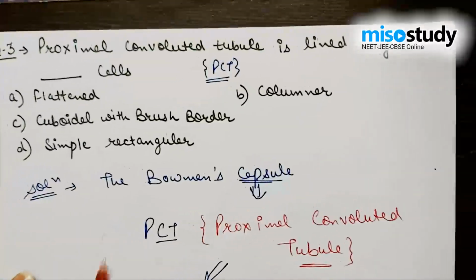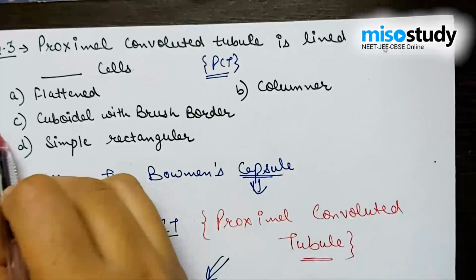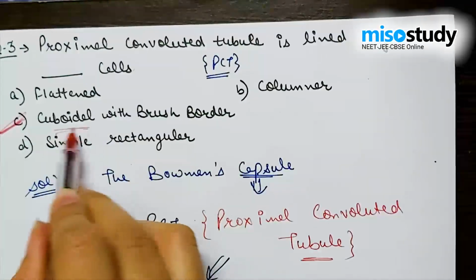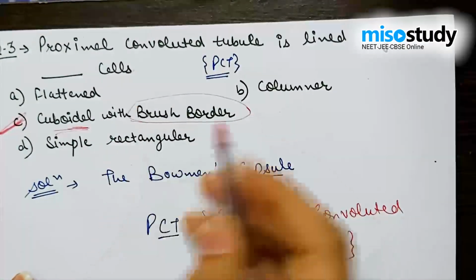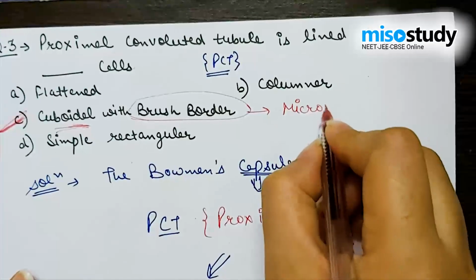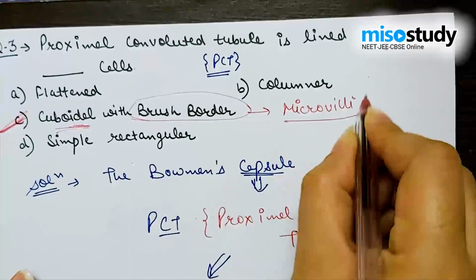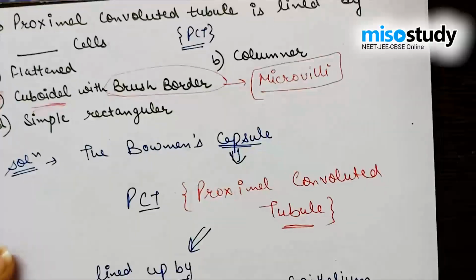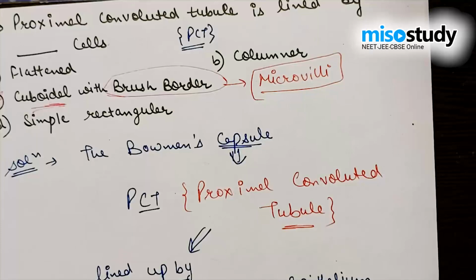The proximal convoluted tubule is lined by cuboidal epithelial cells, which generally form a brush border. That brush border increases the surface area through the microvilli. Microvilli are finger-like projections. So this is the right answer in this case.